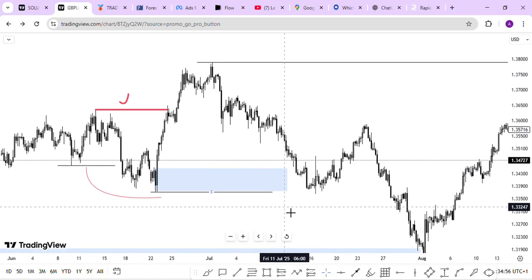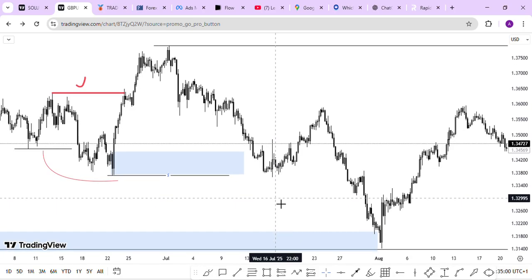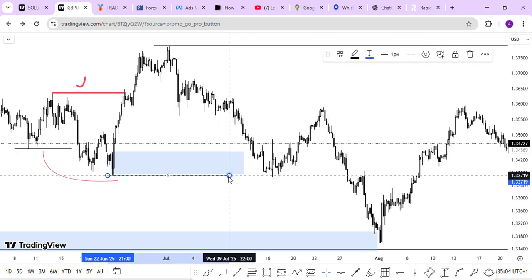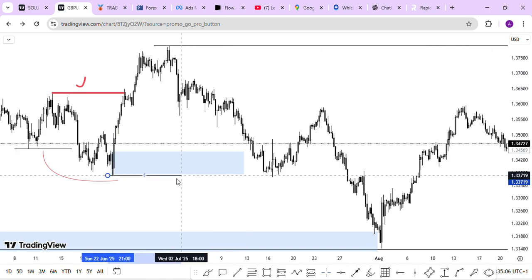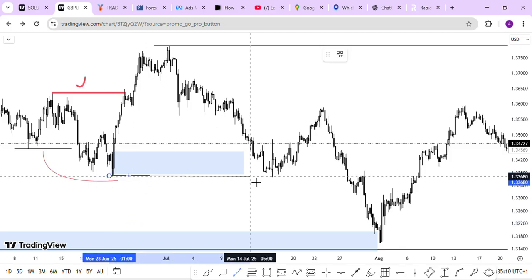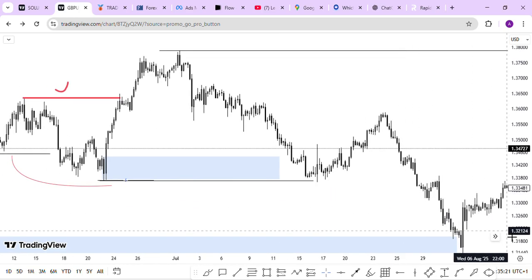So now what happened? Remember I said for us to confirm a break of structure or change of character, the candle has to close above or below the particular structure. As you can see, on this first attempt the market refused to close below this level, and we had a sweep.